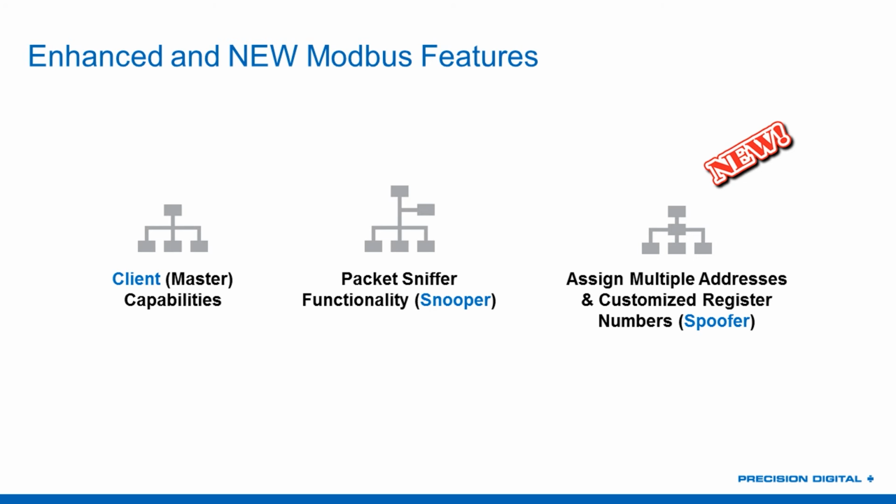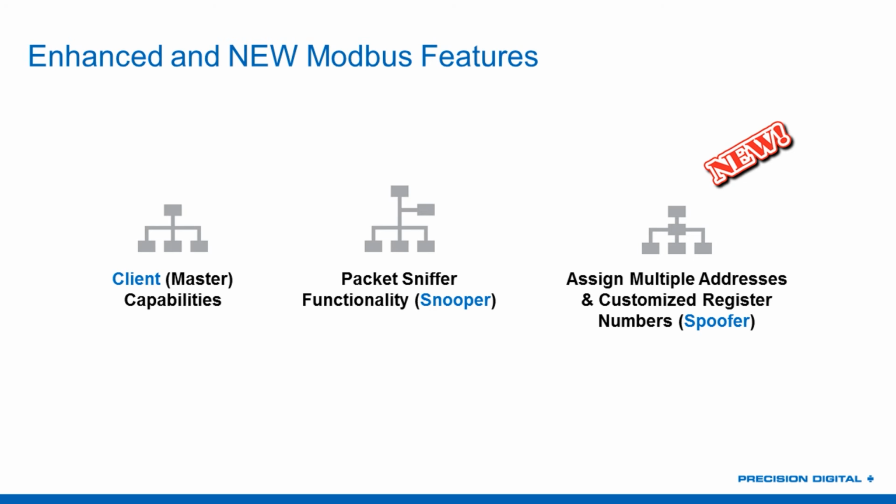We also have some enhanced and new Modbus features. So what do I mean by that? Well, enhanced because some of these modes or features are sort of standard, but we've actually expanded on them. And we have some new Modbus modes because we have this mode over here called the snooper mode.